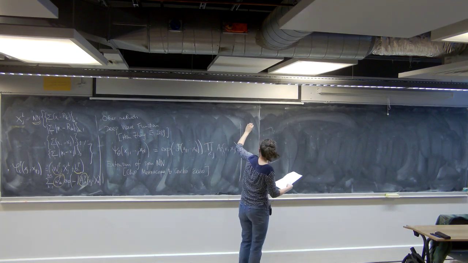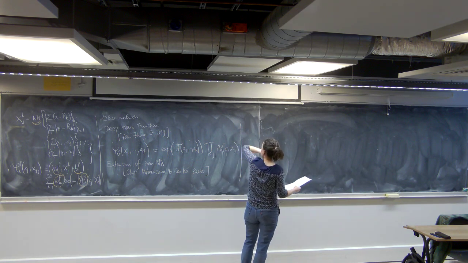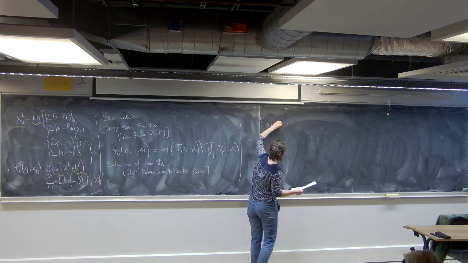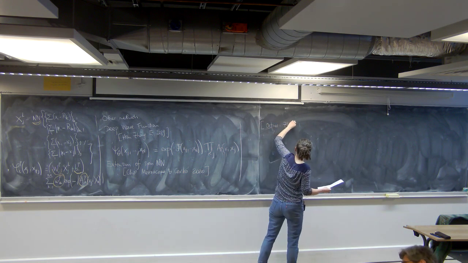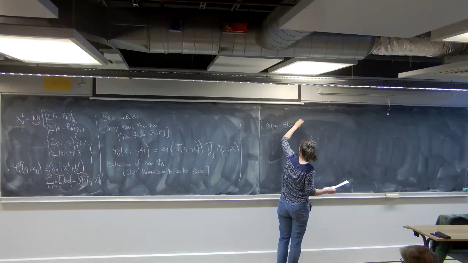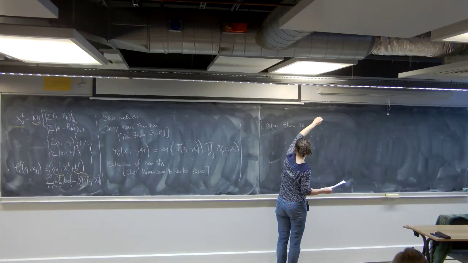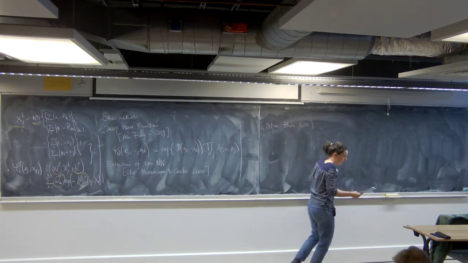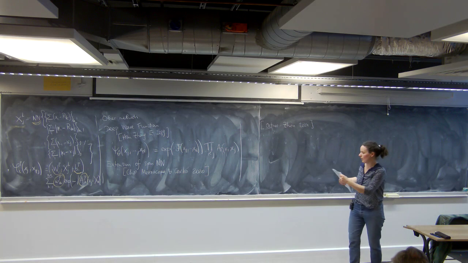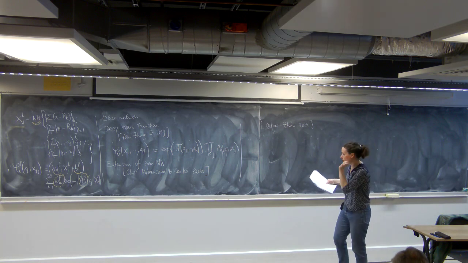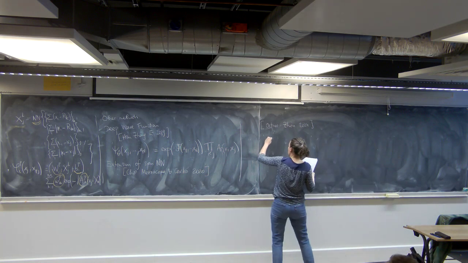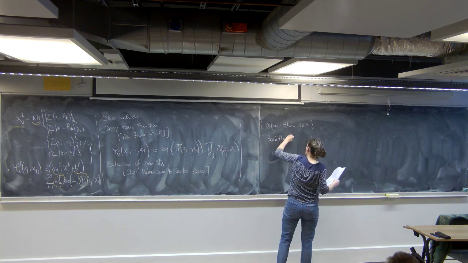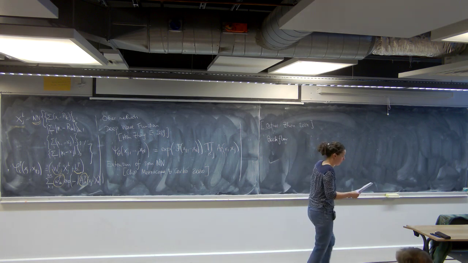I don't remember the paper, so it's probably Ordner 2 edition 2024, something like that. And here what they do is that they use a backflow, so they don't use the Jastrow factor.